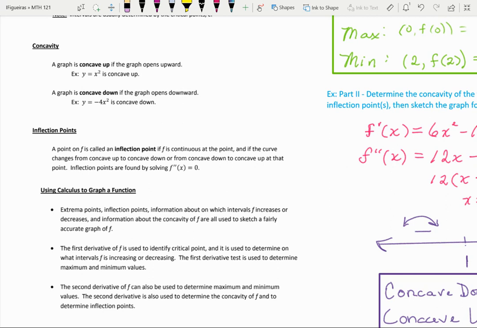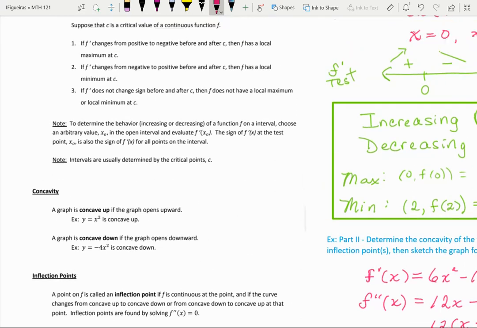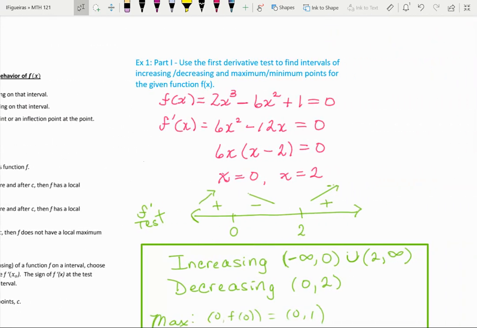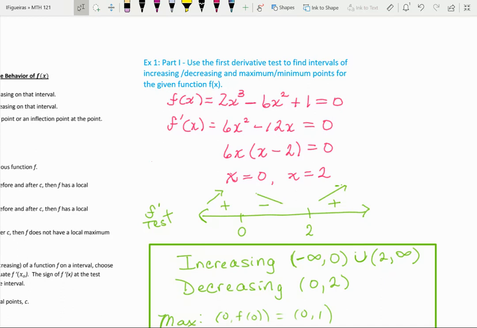The second derivative can also be used to determine maximum and minimum values, but it's also used to determine concavity and possible points of inflection. So let's look at an example where we'll use both the first and second derivative to get good information about a graph, and then we'll sketch the graph.